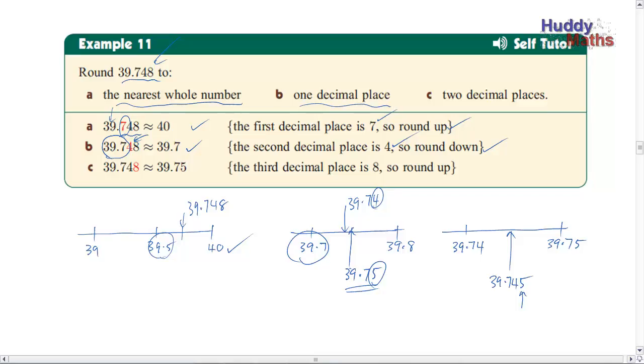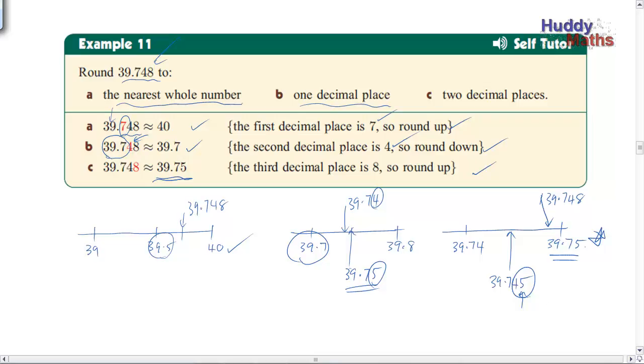All right, so what is this number? 39.74, and there's an 8. So this is in here somewhere. 39.748. It's probably a bit closer up here, isn't it? That's 5, 8, somewhere there. So it's actually closer to this end. So it's 39.75.